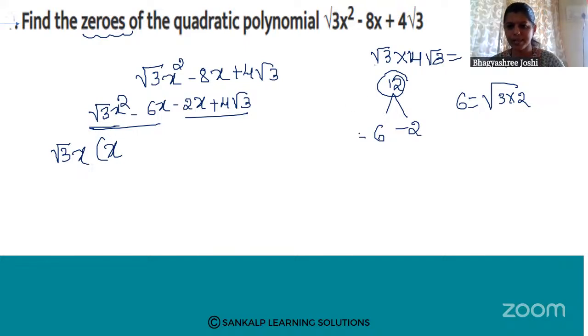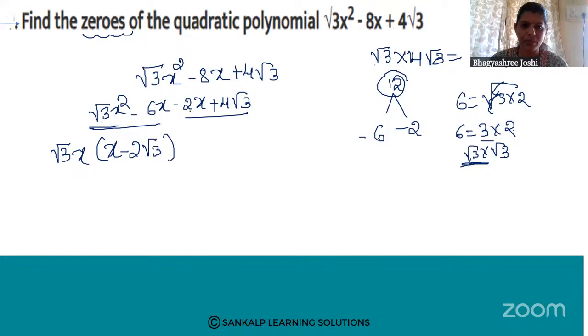I hope the screen is visible to all of you. So now root 3 I have taken common. 6 can be written as 3 into 2, and 3 can be written as root 3 into root 3. Already I have taken 1 root 3 common, then we are left with 2 into root 3, x minus 2 root 3.